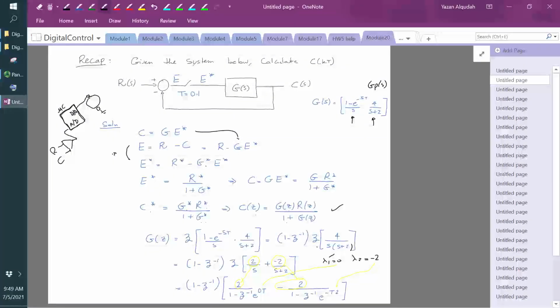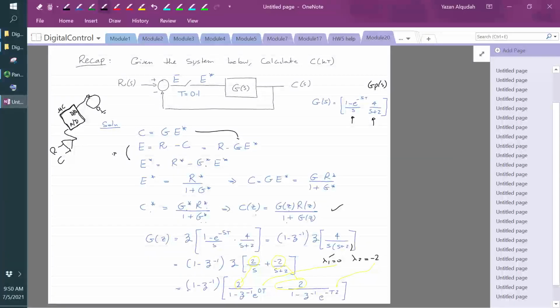Now, taking the Z transform of this, I can use the residue method, or I can use the tables in the appendix. If I expand 4 over S multiplied by (S plus 2), it is going to be 2 over S plus negative 2 over (S plus 2). These are the residues, 2 and negative 2, and lambda 1 is 0, lambda 2 is negative 2, the poles of the transfer function.